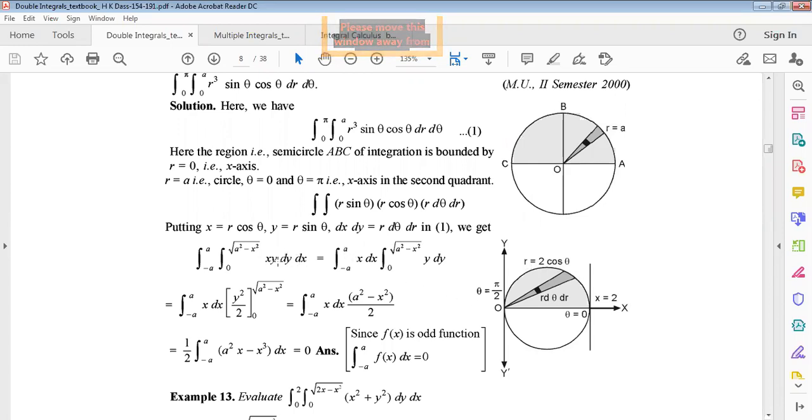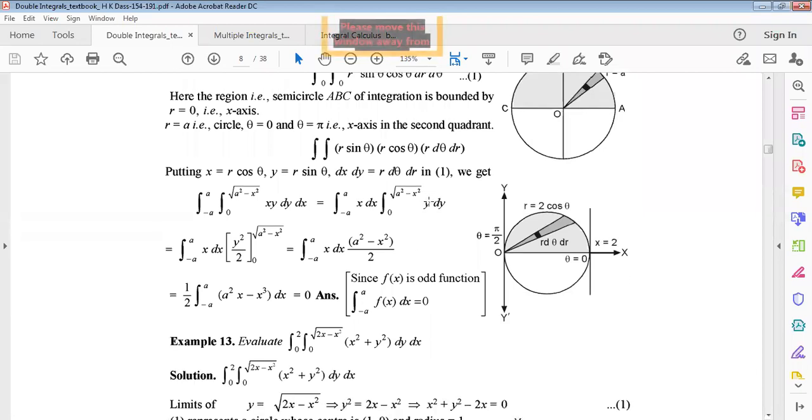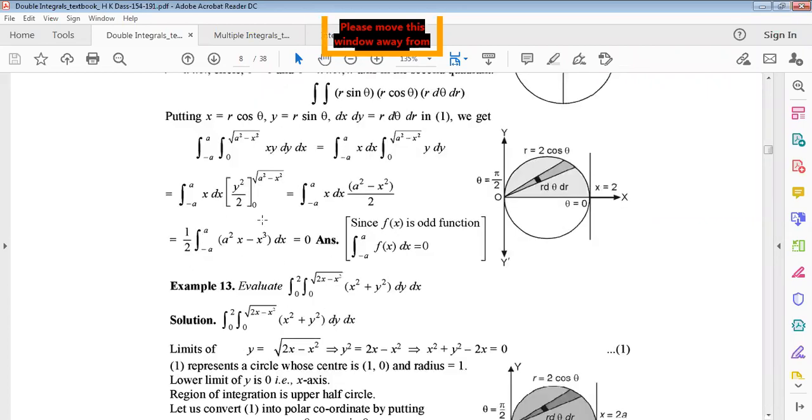Now, x y dy dx. This is x dx and y dy. Taking the integration with respect to y, we get y square by 2, keeping the upper limit and lower limit in third bracket. Then after putting these limits, again integration with respect to x, this will be 0. Why will this be 0, do you know?